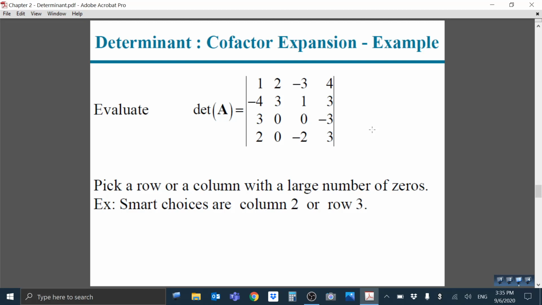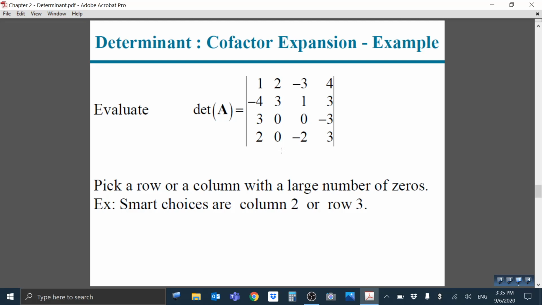So in this case, a smart choice would be row 3 or column 2, because both of them have 2 zeros. Obviously, you can pick row 1, there's nothing wrong with it. You're just going to compute for half an hour. And you'll get the same result as somebody who was smart and picked row 3 or column 2.